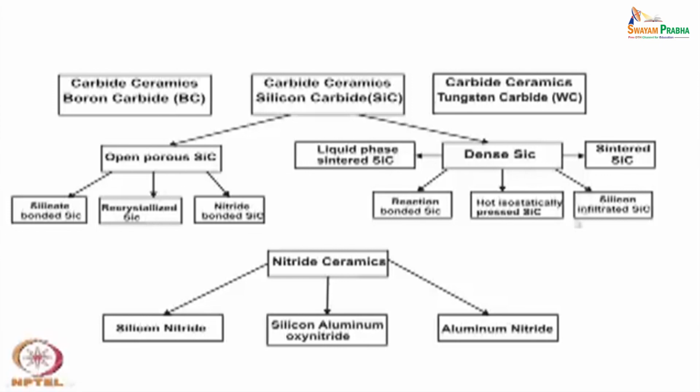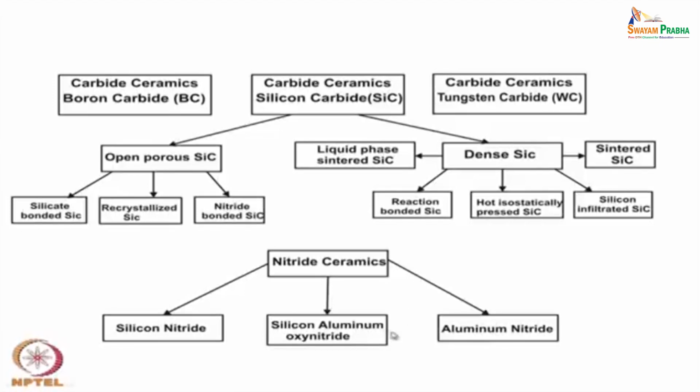Ceramics in general are porous, because the basic raw materials from which most ceramics are prepared are powders. The powders get consolidated and given a geometric shape, and then you fire or sinter them at a higher temperature when the mechanical strength increases, but the interparticle porosity does not get completely sealed.